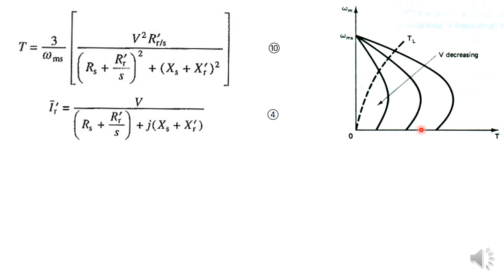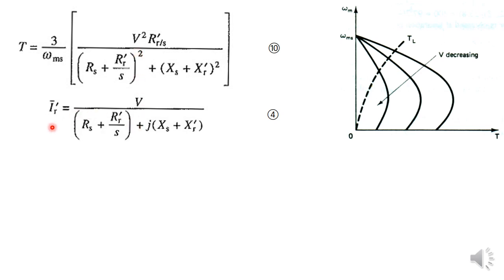So the maximum torque that the machine will be able to develop is reduced if you are reducing the applied voltage, and the reduction in torque is much considerable because torque is proportional to square of voltage.